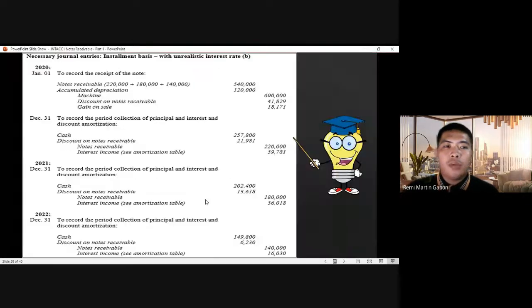So proceed to the solution, the journal entries. Debit notes receivable, 220,000 plus 180,000 plus 140,000, still 540,000. Accumulated depreciation, 120,000. Machine credited at 600,000. Discount is 41,829 and gain on sale is 18,171.